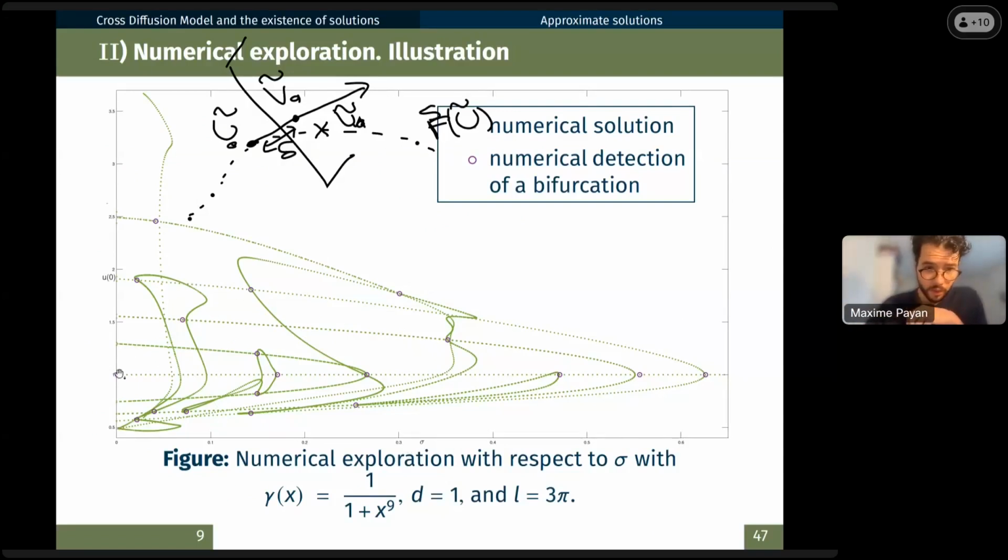And the little green points are the U tilde index k, the numerical solutions that the algorithm of numerical exploration finds. And I started from this little point at abscissa 0, ordinate 1, and it goes further.